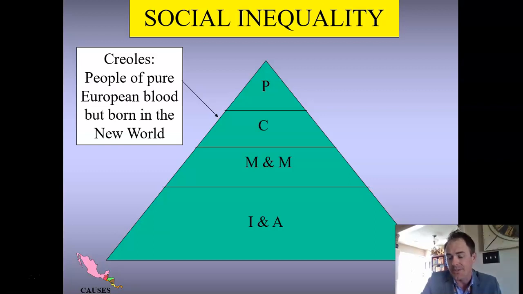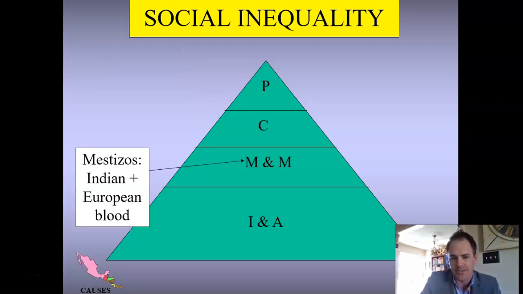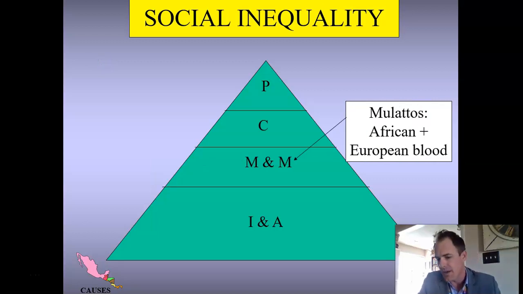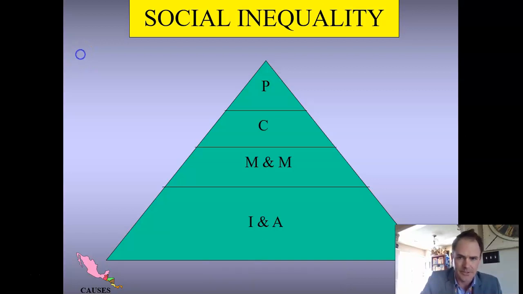But the Creoles resented that the peninsulares were above them in wealth and power and prestige, and yet did not live for the most part in the New World. Below the Creoles are the mixed races. So you have mestizos, you have mulattoes. Now, we find these terms offensive these days, but those are the terms they used back then. And at the very bottom, of course, are the Native Americans, as well as the enslaved Africans. So a rigid social hierarchy existed in the colonies.